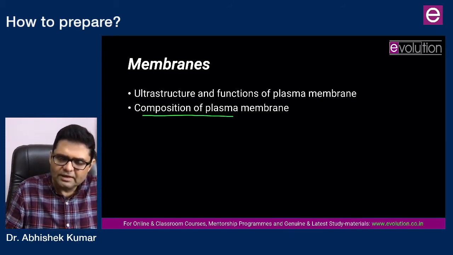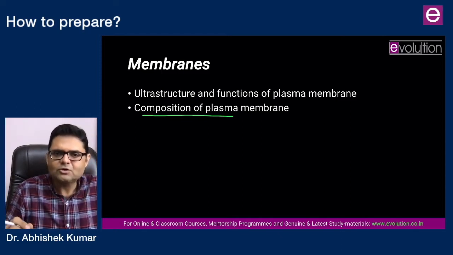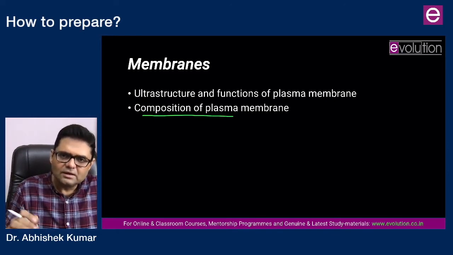Each one needs to be biochemically described and each one's role also needs to be described. And do not forget to mention their subtypes, such as lipids. They have 3 types: phospholipids, sterols, and sphingolipids. Proteins are based on how they associate with the lipid bilayer. So you have integral, peripheral, and anchored protein.